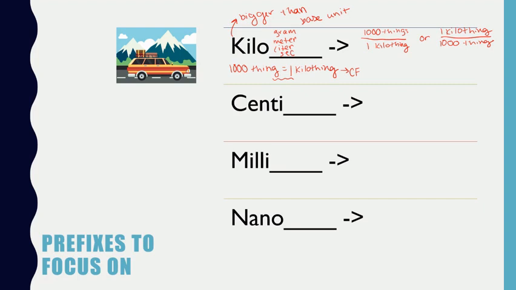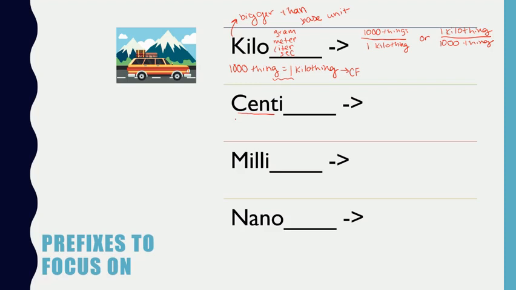That is different than when we would use the prefix centi. Centi probably sounds familiar from century or centipede. Whenever we see cent, I want you to think of 100, like 100 years in a century, 100 legs on a centipede.